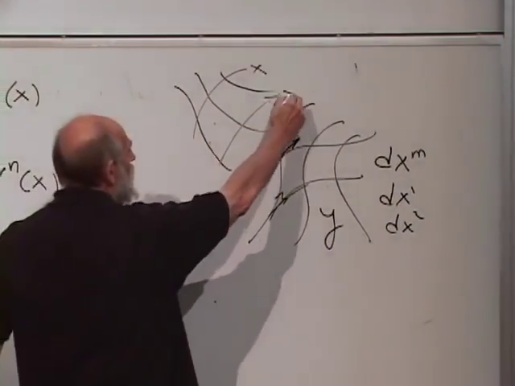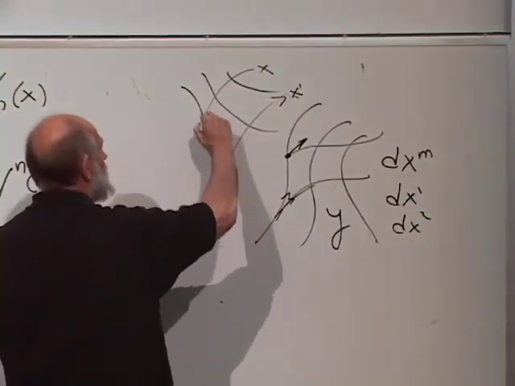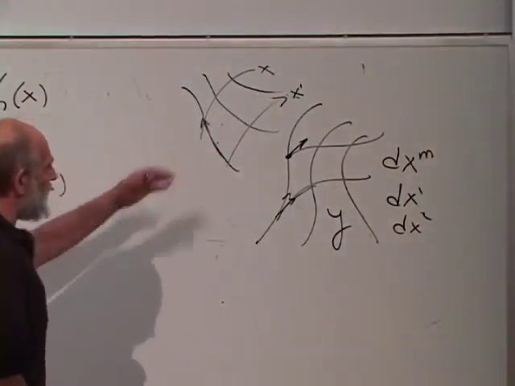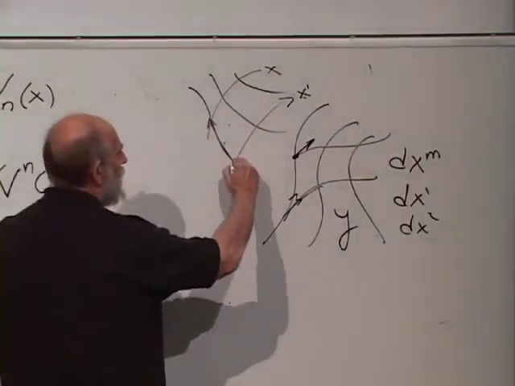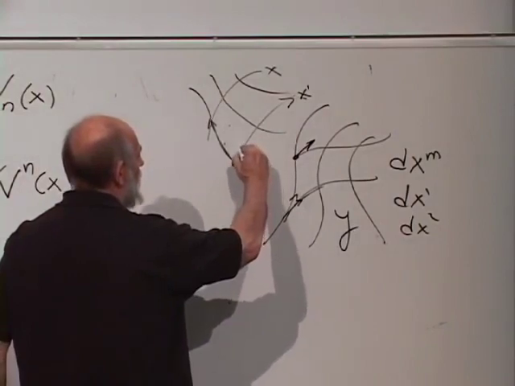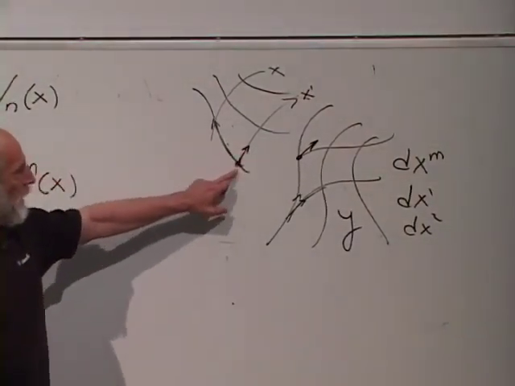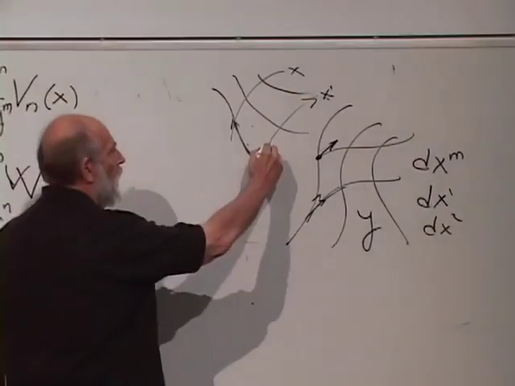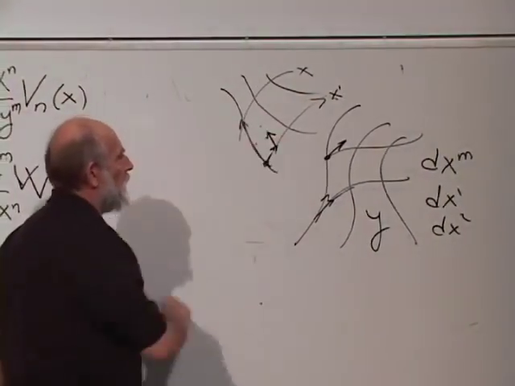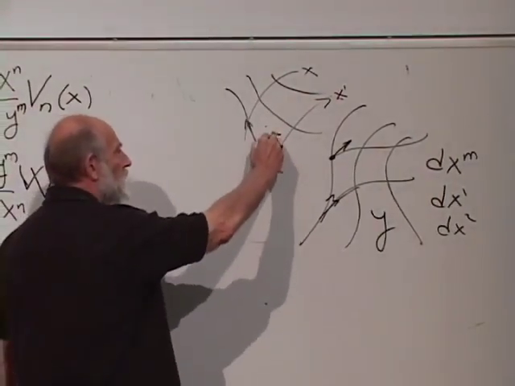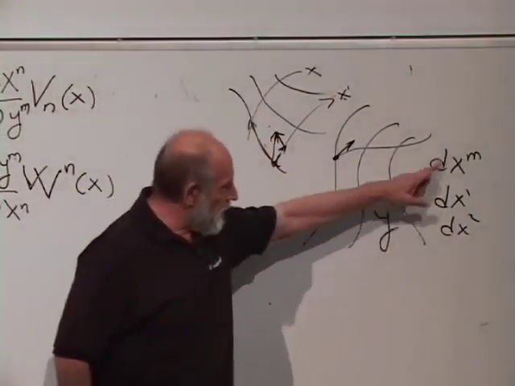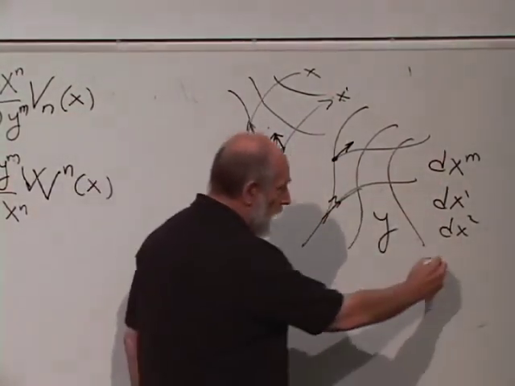Let's say this one is x1. Let's say this one is x2. You build yourself a vector by making an excursion along the x1 axis by dx1, and then along the x2 axis by dx2, and the resultant is the vector that we can just call dx.